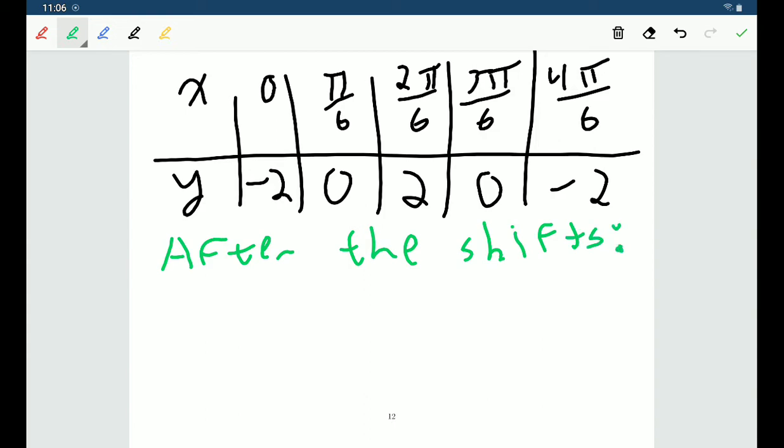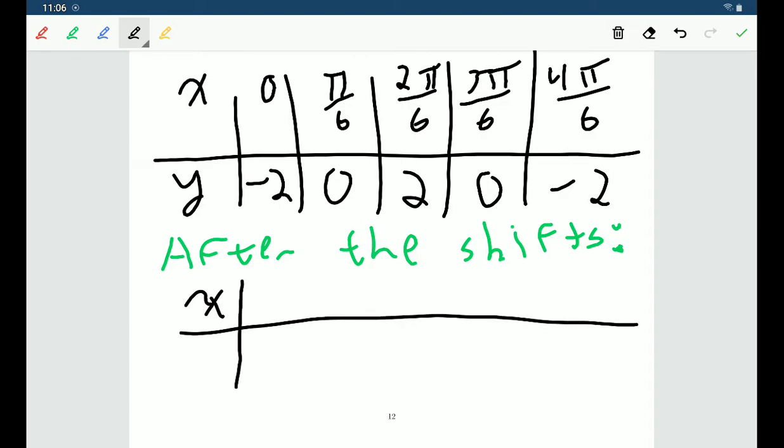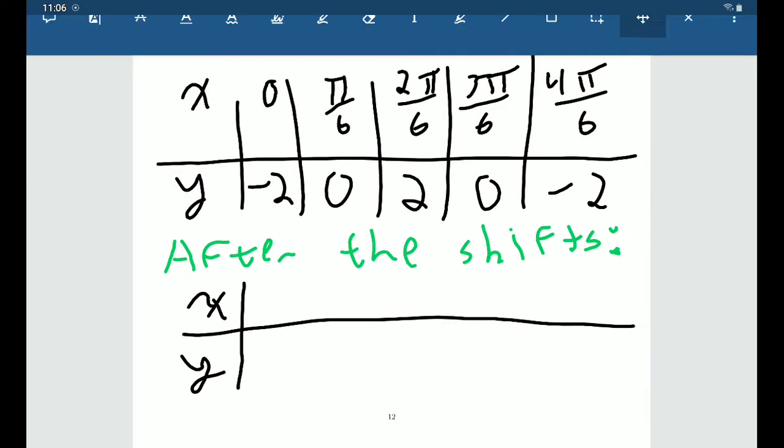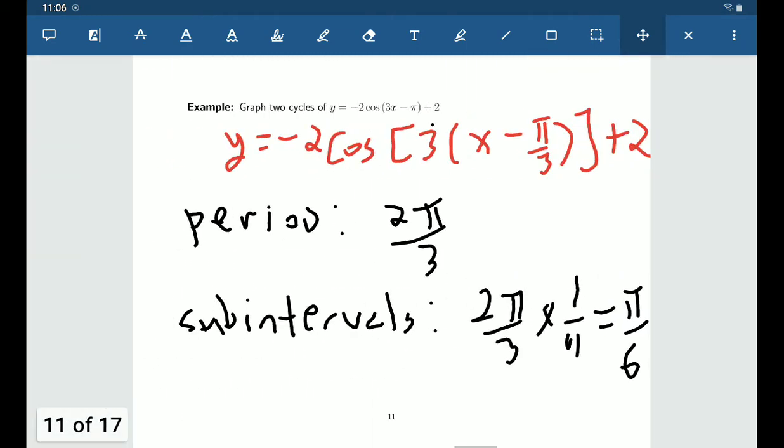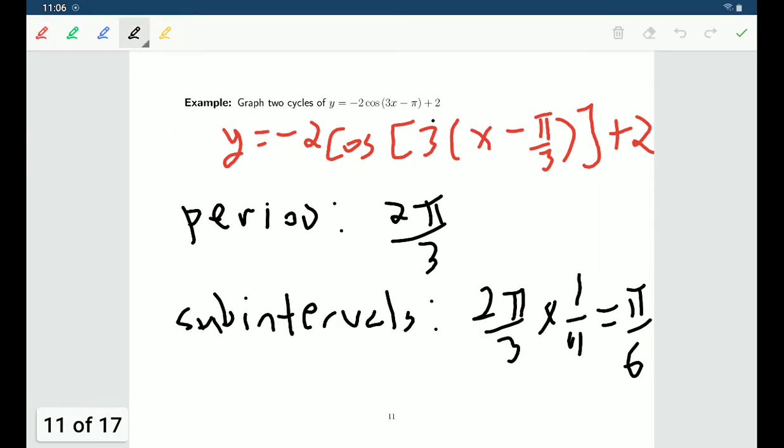And now we have the two shifts that we need to apply, the vertical shift and the phase shift. The vertical shift is the easier one to do. I'll do that one first because we were going to be doing a vertical shift upwards by 2 units. It was plus 2 at the end, which means we will be adding 2 to every y value.